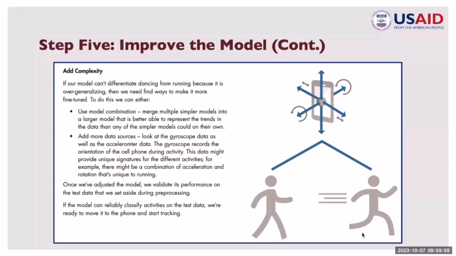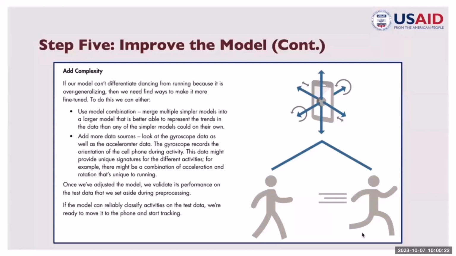Another is to add more data sources. Look at the gyroscope data as well as the accelerometer data. Gyroscope records the orientation of the cell phone or mobile phone during activity, and this data might provide unique signatures for the different activities. For example, it can be a combination of accelerometer and rotations that is unique to running.